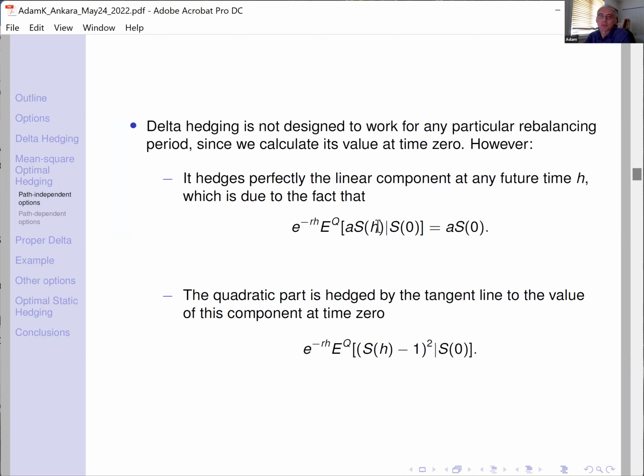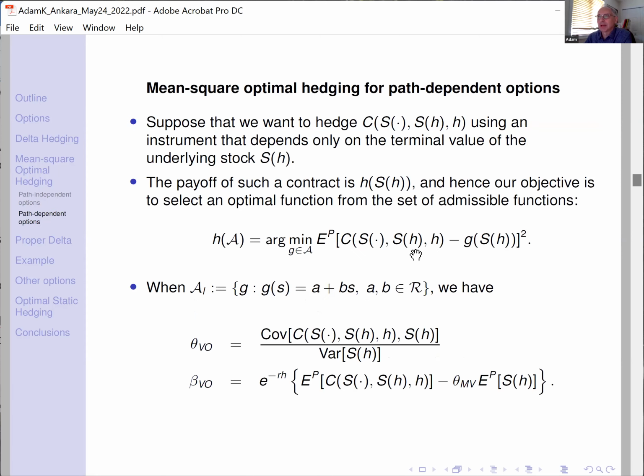And this explains why calculating derivative at the current time is also working in the future. However, the delta hedge hedges quadratic term differently because it uses tangent line to the value of the quadratic term at the current time.